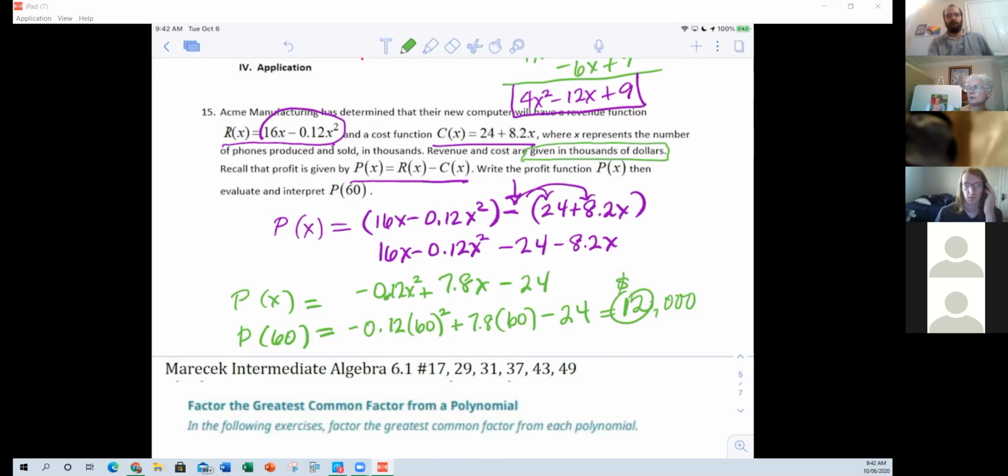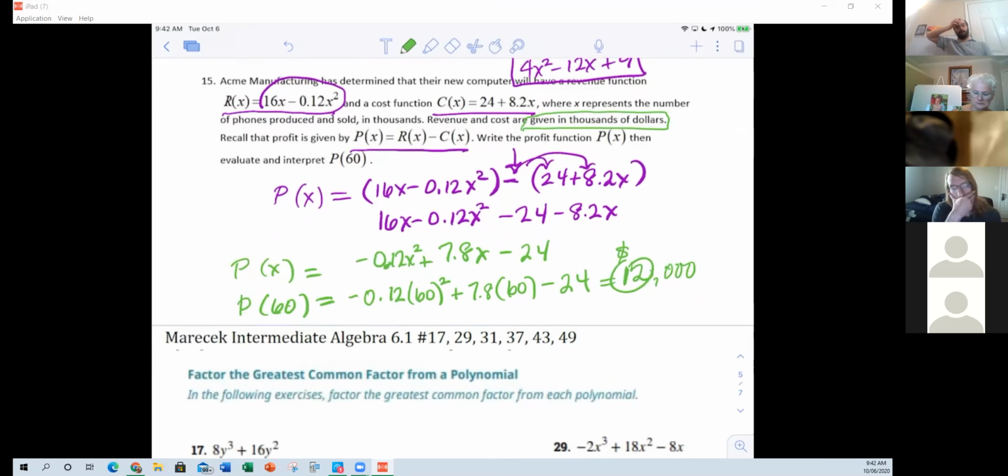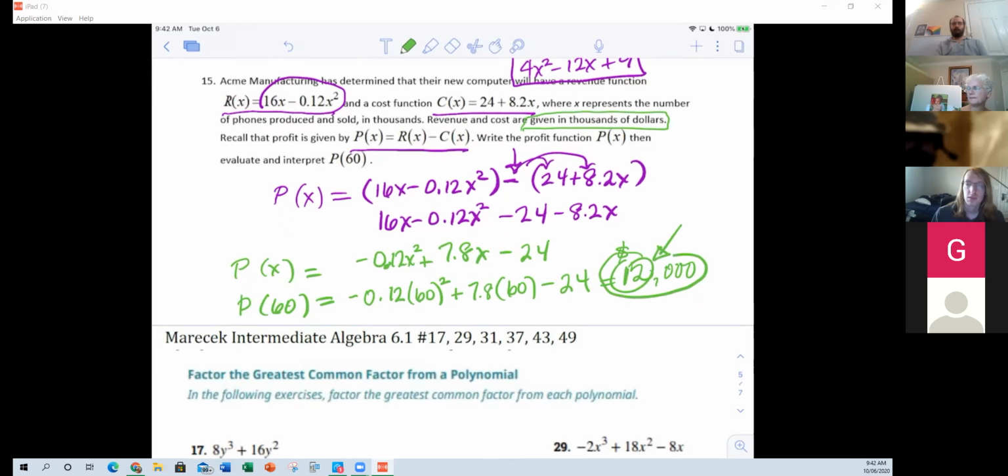So how would you interpret this problem? What is this number actually? What is 12,000? Is it revenue? Is it cost? Profit? Which one? That's the profit. That is right. So there's a profit of, and you can say this however you want, just as long as you get it right.